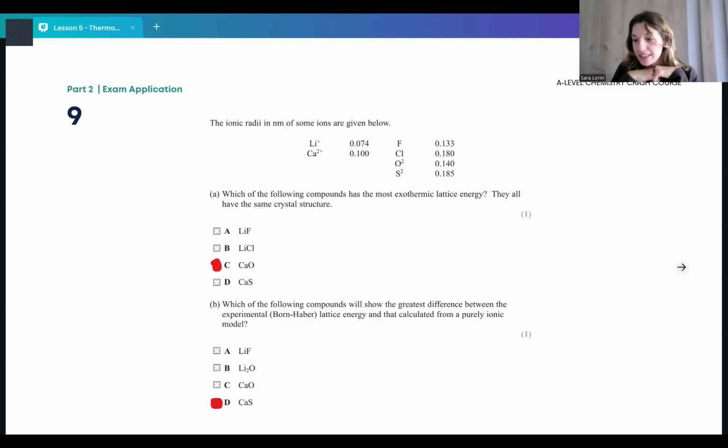So remember that the distortion would always be caused by the polarizing power of the cation and the ease of polarization, so the polarizability, of the anion. The larger the anion, the more easily it distorts the electron density. And this is what causes the covalent character, and this is what causes the biggest difference in lattice enthalpy.